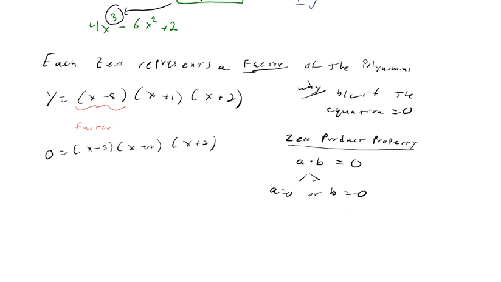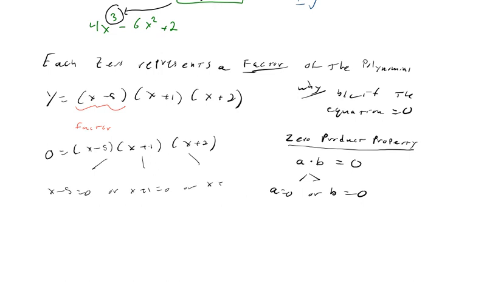So you can imagine that I have three options here. Either x minus 5 has to be 0, or x plus 1 has to be 0, or x plus 2 has to be 0.